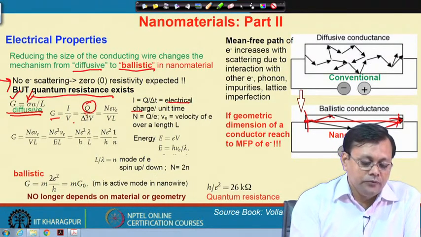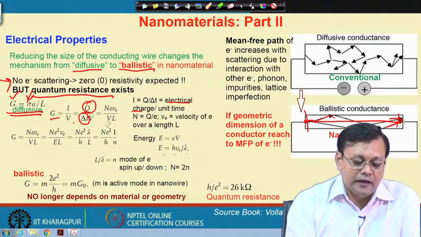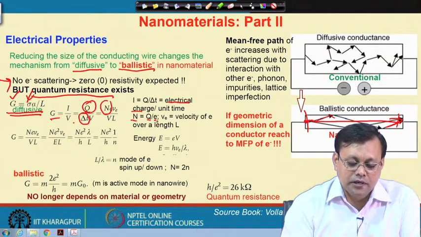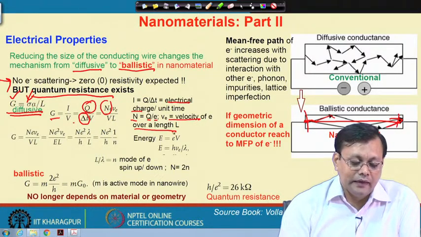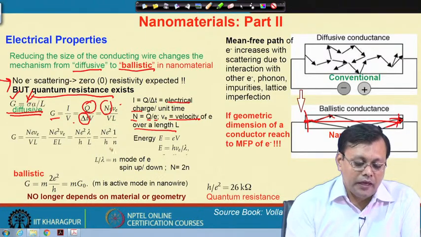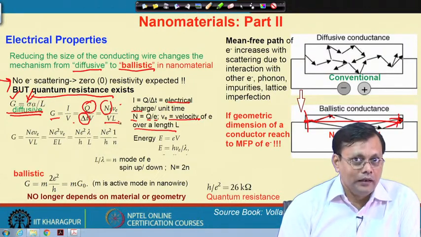Per unit time the charge flows, that basically tells how many electrons are involved. So, N is equal to Q, the charge, divided by the electron charge, we will get the number. And v is the velocity over a length L. So, ultimately G can be expressed in terms of N, e and v, e by v into L.